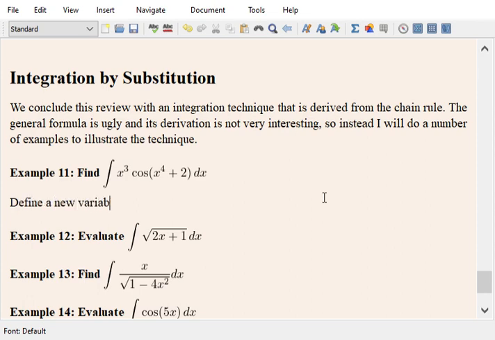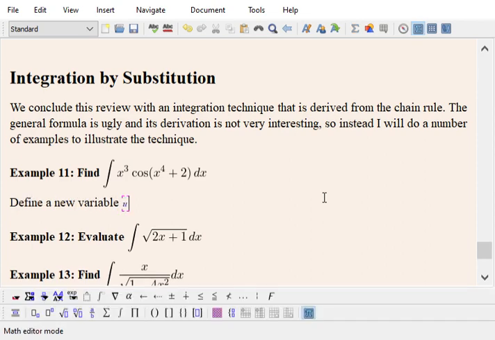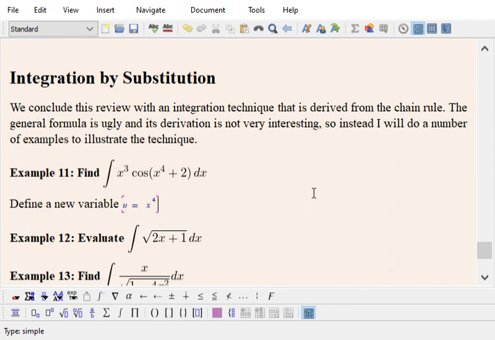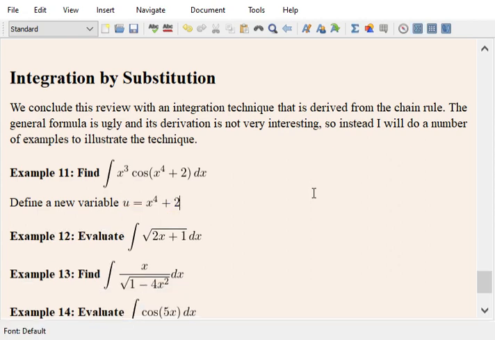So let's define a new variable u, and, well, let's call u x to the fourth plus 2. Let's call it this big chunk inside the parentheses. Well, if u is defined to be x to the fourth plus 2, then one thing that we can certainly say is we can take its derivative.